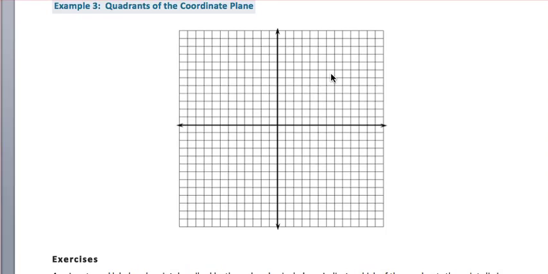These quadrants are labeled with Roman numerals, and the upper right is Roman numeral 1, that's quadrant 1. And we go counterclockwise. So this is quadrant 2. Quadrant 3. And quadrant 4.